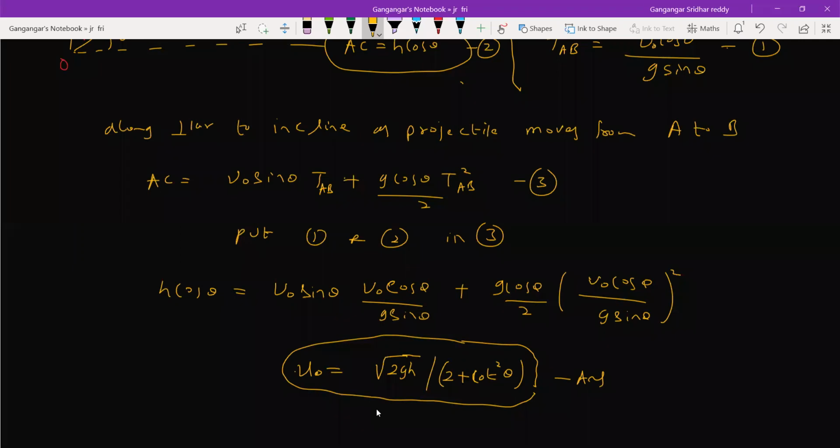Yes, sir. Sir, I'm getting a whole root. Okay, when you substitute the value of theta, no? Sir, it is whole root, sir.